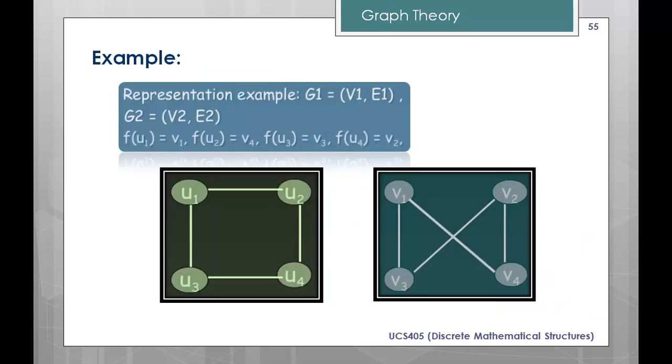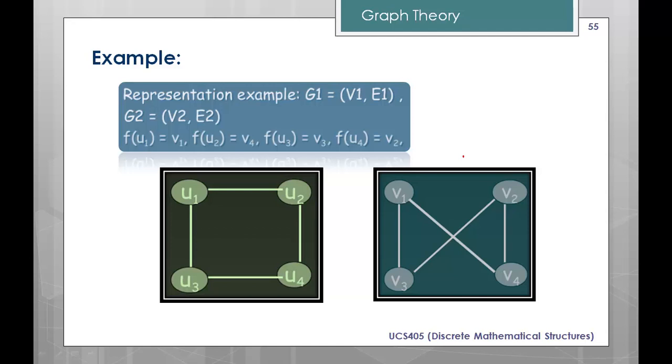Further, these are examples of isomorphic graphs. Number 1: this graph has vertices U1, U2, U3, U4 and this graph has vertices V1, V2, V3 and V4.